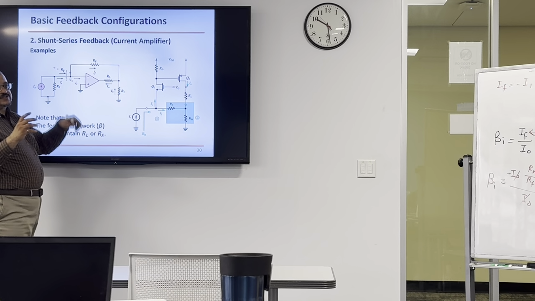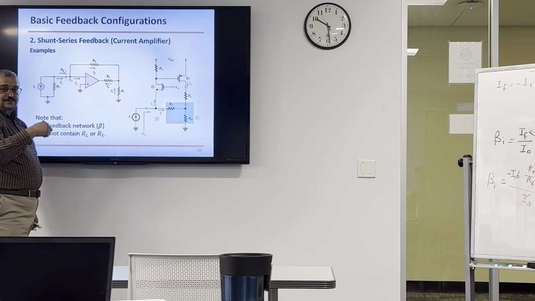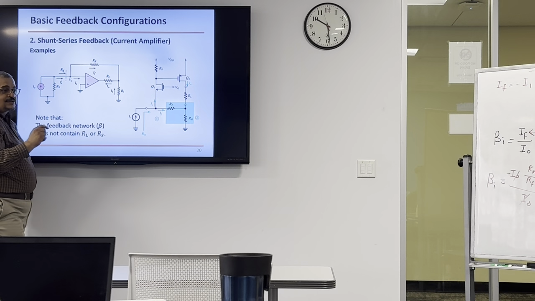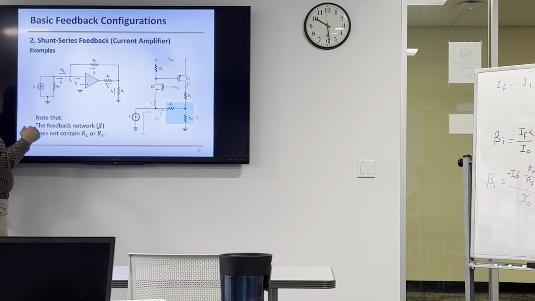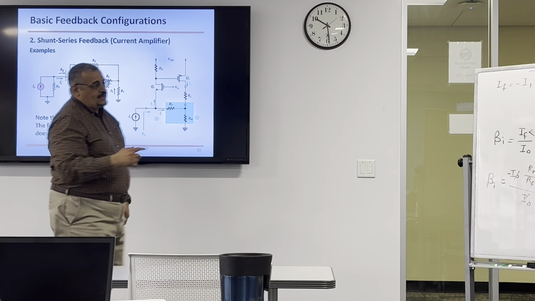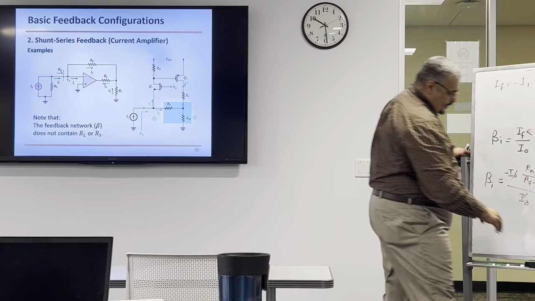And remember this: if it's shunt, shorted. It's like the same sound. Shunt, shorted. If it is series, leave it open, leave it as it is. Okay, so can you give me the relationship now?